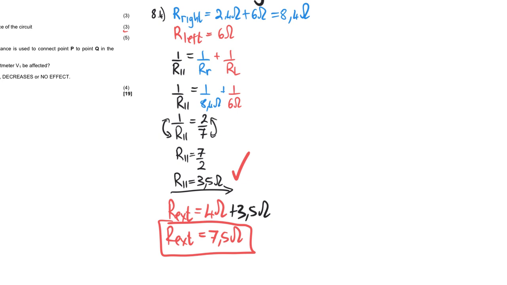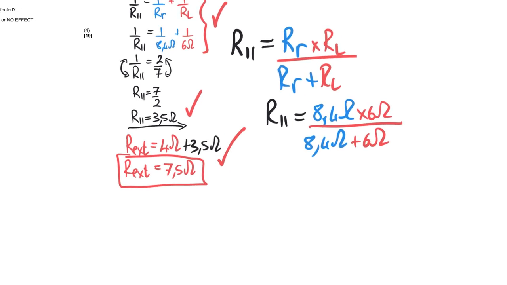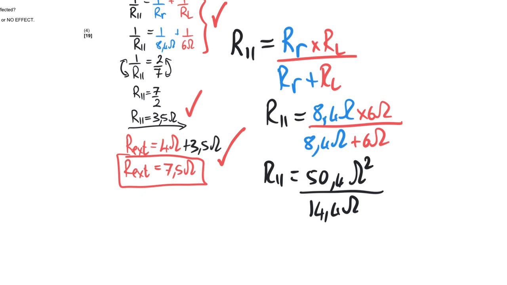So you can see that R right is 8.4 ohms, and R left is 6 ohms, so we multiply by 6 ohms there, and we add 6 ohms at the bottom. If we work that out, 8.4 times 6 is going to give us 50.4 ohms squared on the top, and over 14.4 ohms, since 8.4 plus 6 is 14.4.